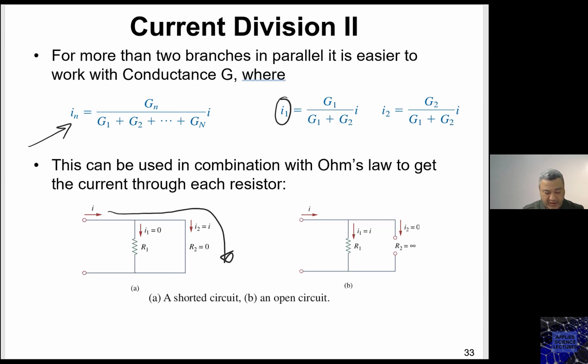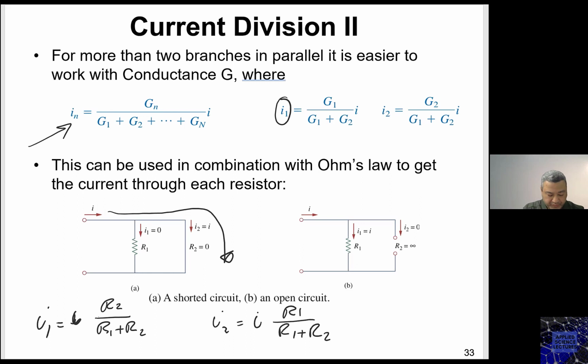And if you go to the expression that we just derived, I1 equals I times R2, the other resistor, divided by the summation, and I2 is I times R1 over R1 plus R2.